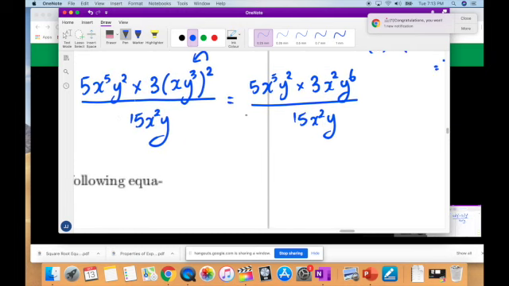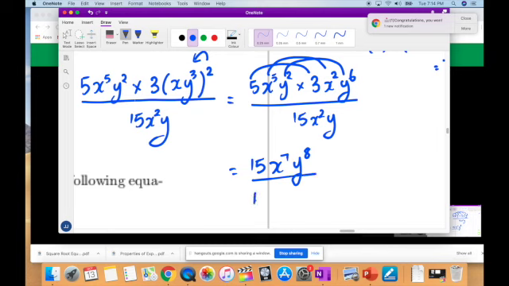And now we could multiply out these terms. So 5 times 3 is 15. x to the 5th times x squared is x to the 7. And y squared times y to the 6 is y to the 8, all over 15x squared y.